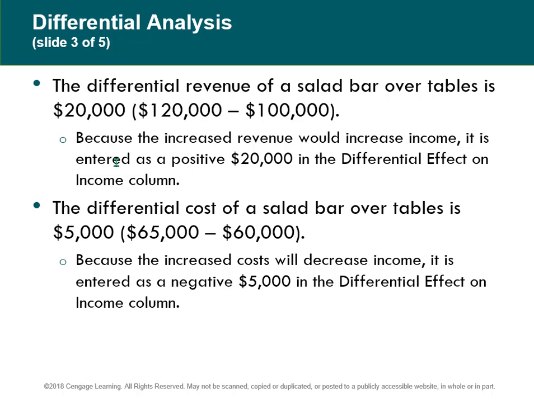They're just explaining how it works here. Differential revenue is $20,000, and because the increased revenue would increase income, it's a positive number in the income column. Differential cost for the salad bar over tables is 65 versus 60, a $5,000 difference. Because the increased cost will decrease income, it's entered as a negative in the differential effect.